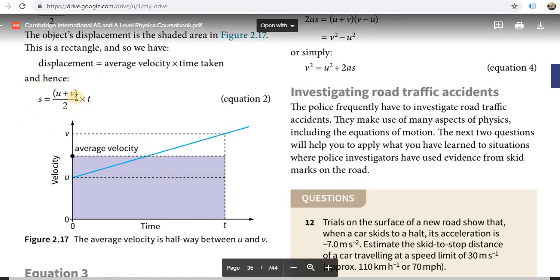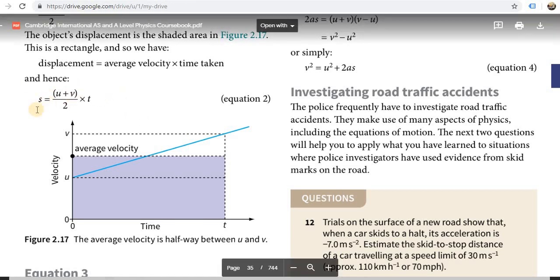So we can use s is equal to u plus v divided by 2, that will be the average velocity. If you take this number and the number here and get the average of those two, that will be the number in the middle. So that will be this length, u plus v divided by 2, times the time t, which will give you the area of this big rectangle, which is equal to the area under the line, which is this area plus this area plus this, because this area is equal to this area.